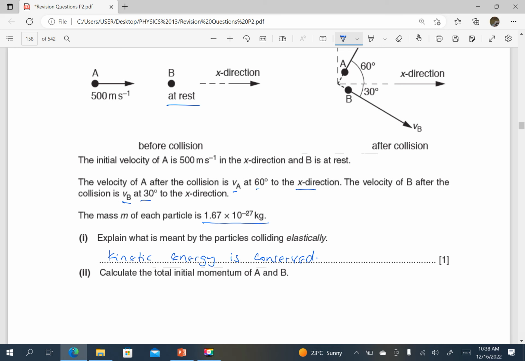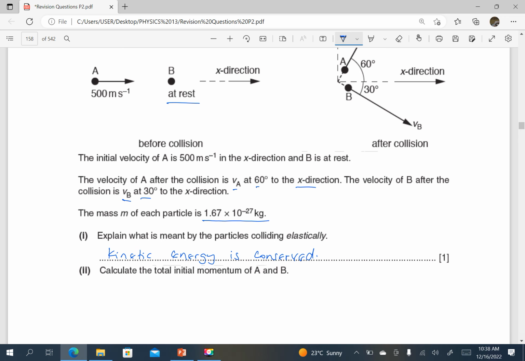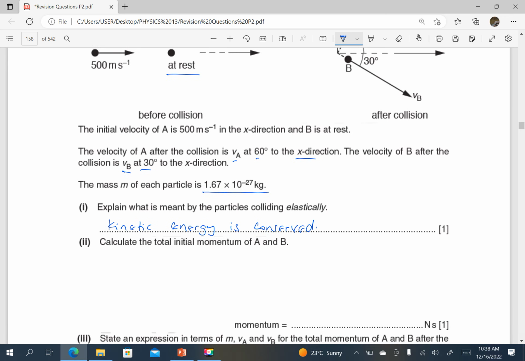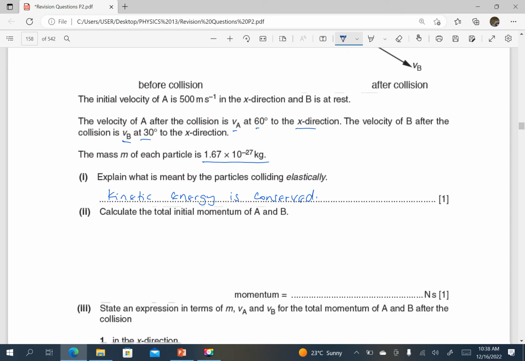The only thing which distinguishes elastic and inelastic collision is kinetic energy being conserved for elastic. So if the particles collide elastically, then total kinetic energy before collision is the same as total kinetic energy after collision.